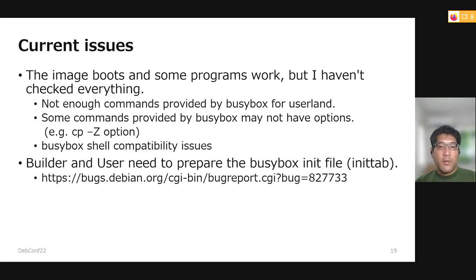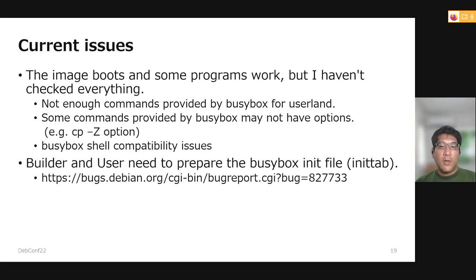An example is the cp command's -z option. This option is for SELinux and is not provided by busybox's cp command. The package maintainer may have added a mechanism to call back.